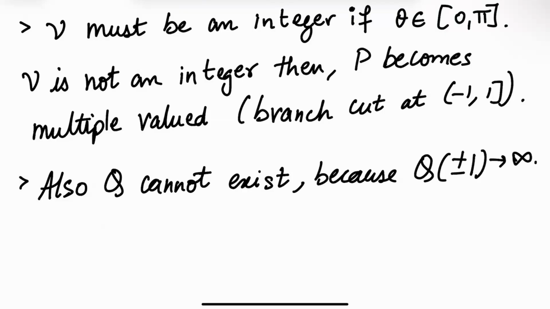Q basically becomes singular at plus or minus 1. Cosine theta equal to plus or minus 1 means theta equal to 0 or pi. So if 0 and pi are included in the domain, then Q also cannot be included. So you only have one admissible solution.